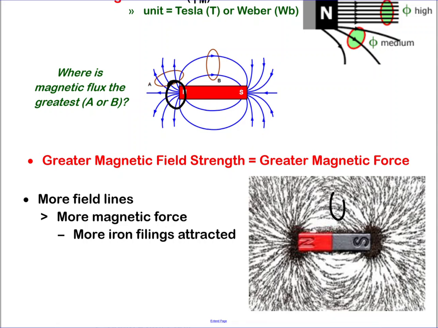And as we get out here, the field lines are fewer, as drawn, and so that's representing that the magnetic field is weaker out here. Okay, so in general, the more field lines we're drawing, the more magnetic force there is, and that's why we see more iron filings attracted to the magnet. Okay, so those are the rules for drawing magnetic field lines.